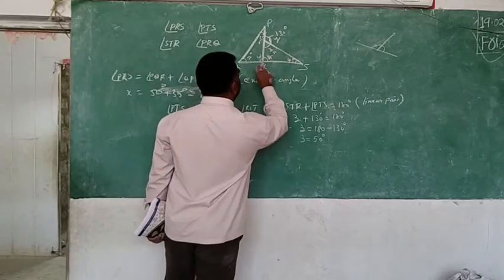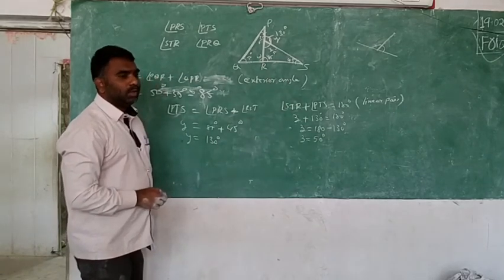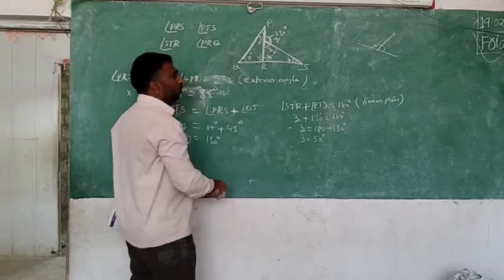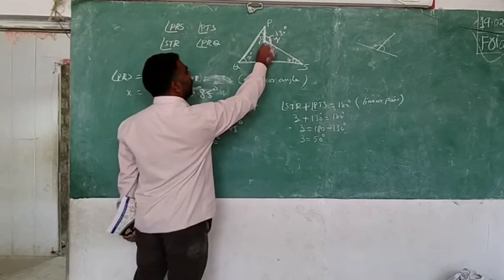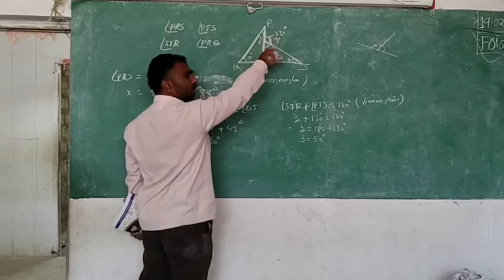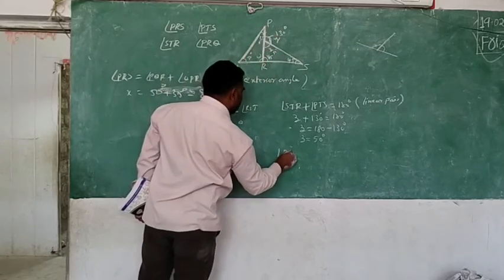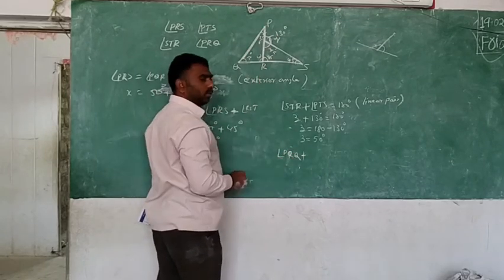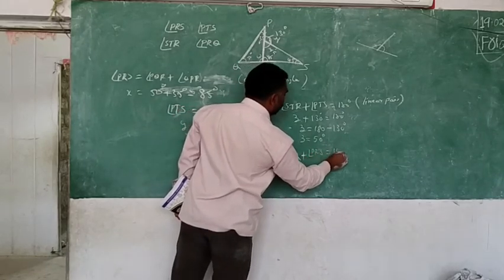Okay. Next W. How do you find W? Same method. These both are a linear pair. What is this angle? PRQ. Angle PRQ plus PRS is equal to 180.